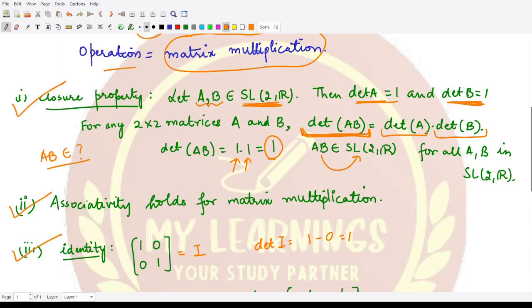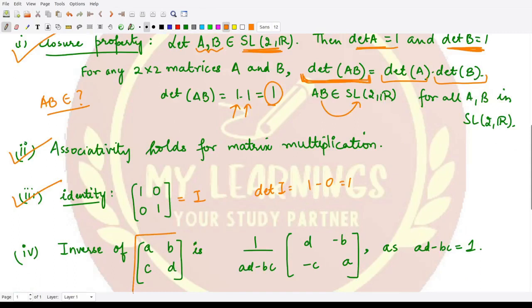What about the inverse? So suppose we take some matrix ABCD, where ABCD, this is a general 2 cross 2 matrix whose entries A, B, C, D are taken from the set of real numbers, and such that we are taking this determinant AD minus BC as equal to 1, because this is how we select our matrix. Now to find the inverse of this matrix, we have the formula that we divide by its determinant and multiply it by the adjoint of this matrix.